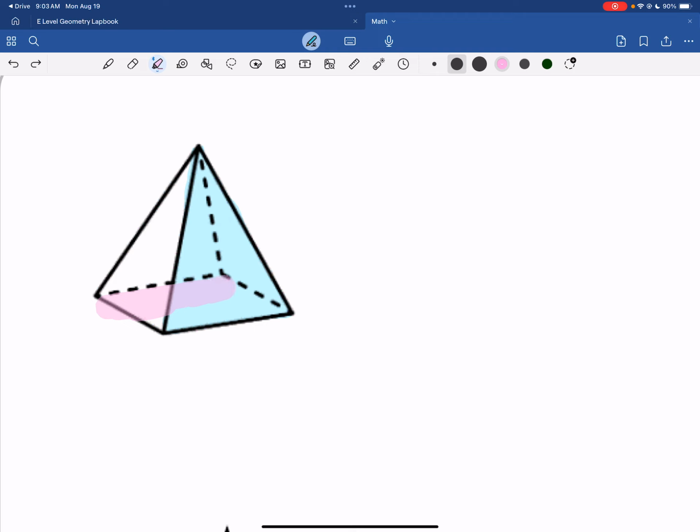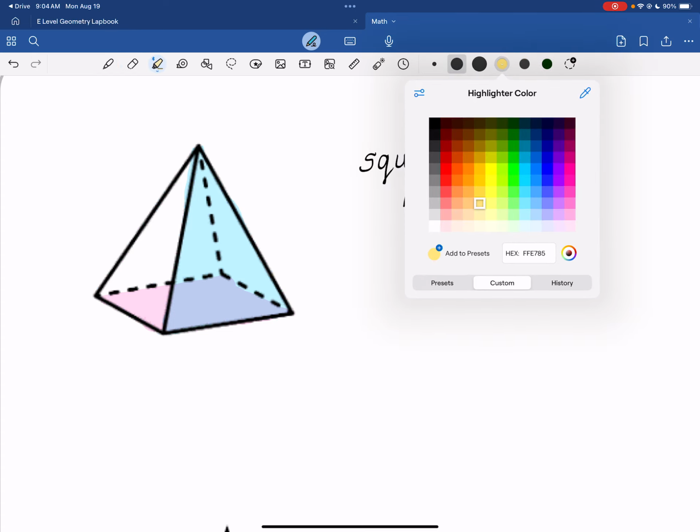What shape do you see on the base of this thing? That is a square on the bottom. So this is called a square pyramid. Square because the base is square. Pyramid because the sides are triangles. And that is a vocabulary term. A square pyramid.